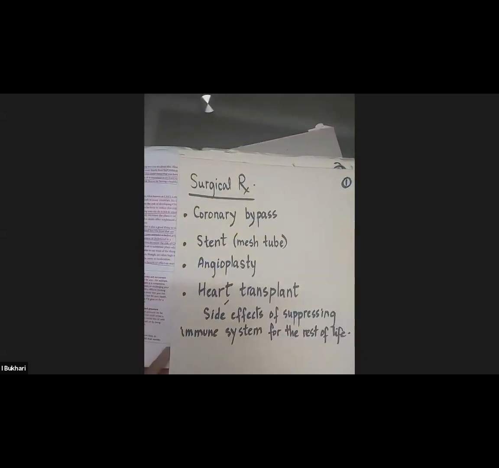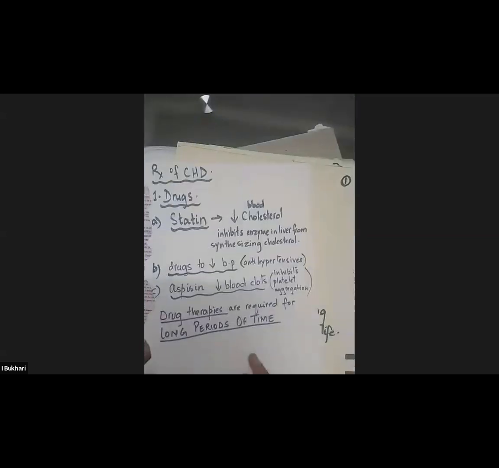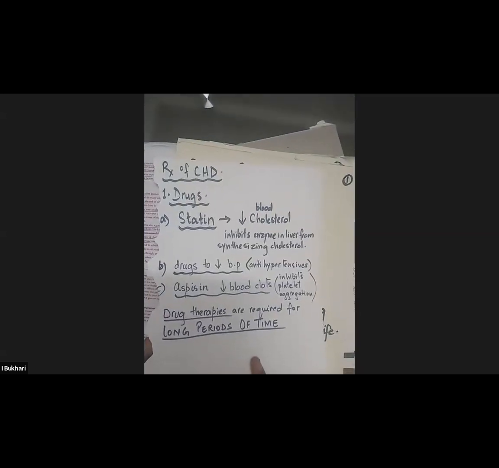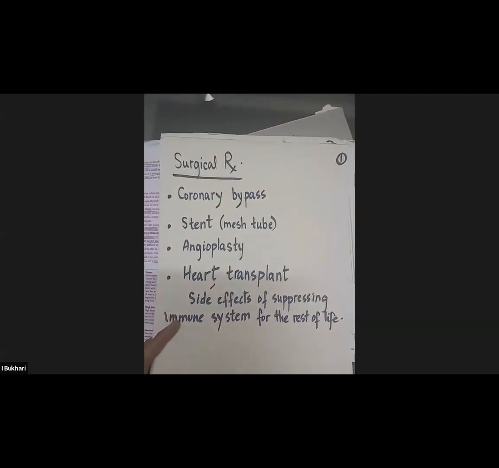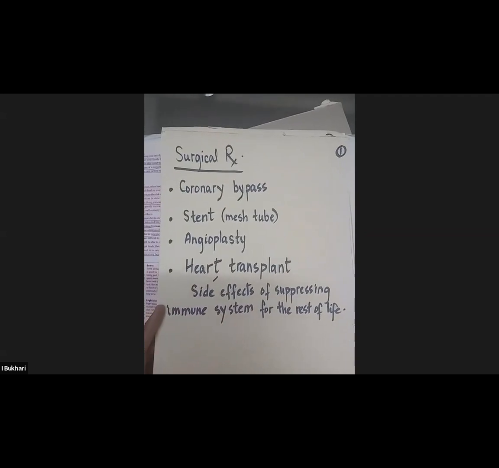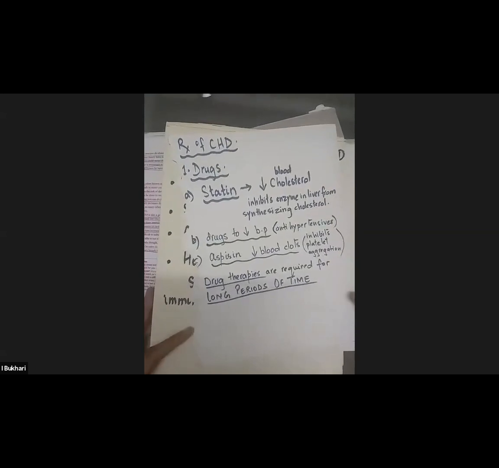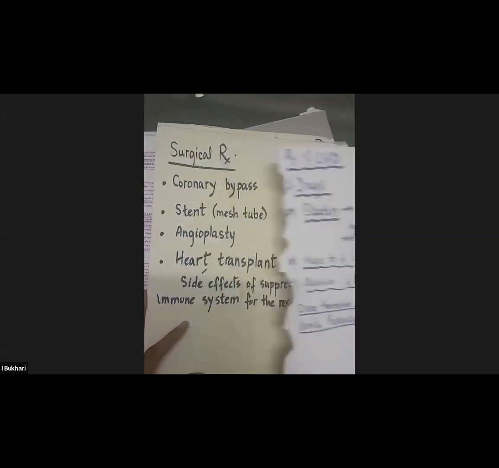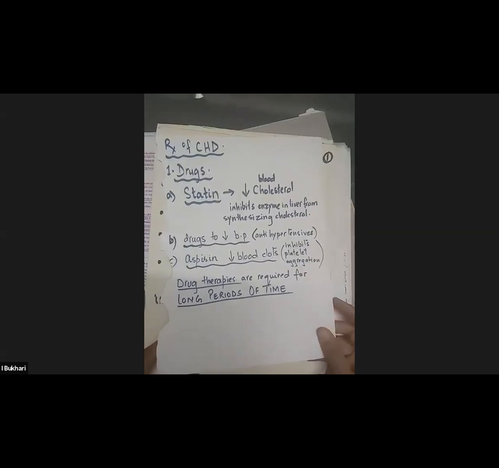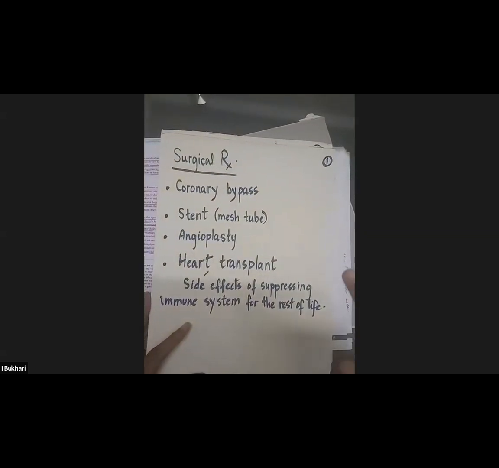Okay, and if the person's lifestyle is so unhealthy that despite all these drugs he is still having coronary heart disease, or because of some other underlying conditions such as advanced age or some other problems the drugs were not successful in curing that person, then we will have to go to surgical treatment.